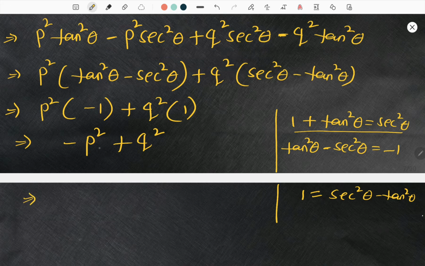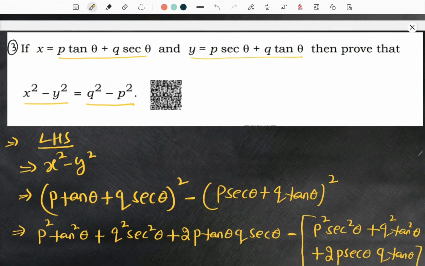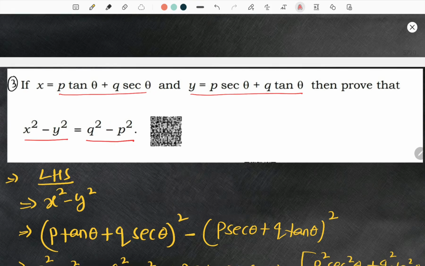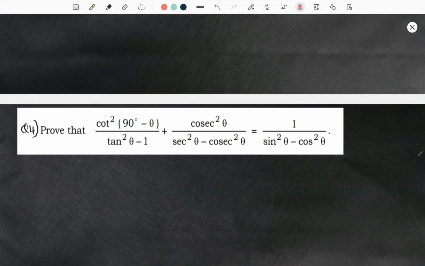All right, so minus p square plus q square can be written as q square minus p square, which is equal to RHS. You can confirm the RHS also, q square minus p square. So this is quite simple. You have to start with the given data and what they're asking us to prove, start from LHS and reach RHS. All right, moving forward to the next question.